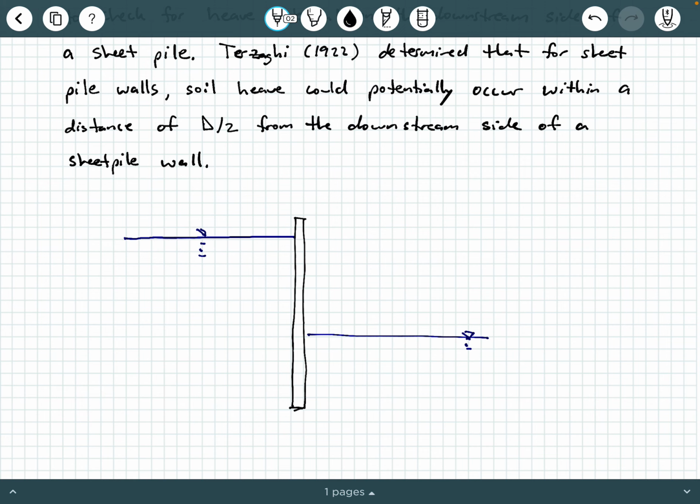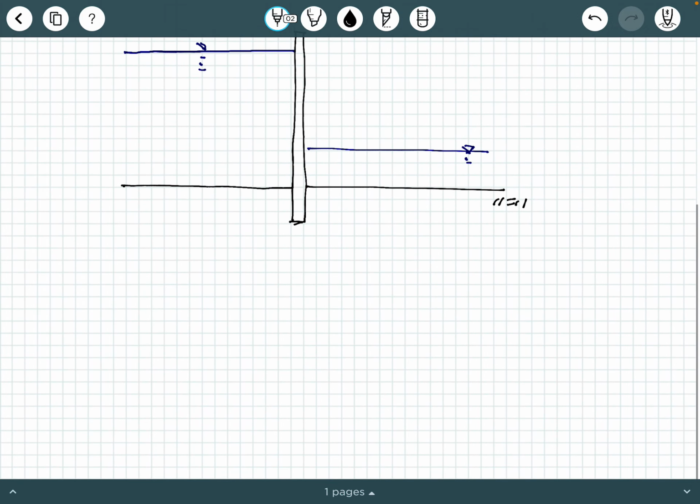And let's say we have the ground surface about right here. Okay, there's the ground surface. And let's say this is some kind of thickness. Maybe we'll call this thickness capital H.